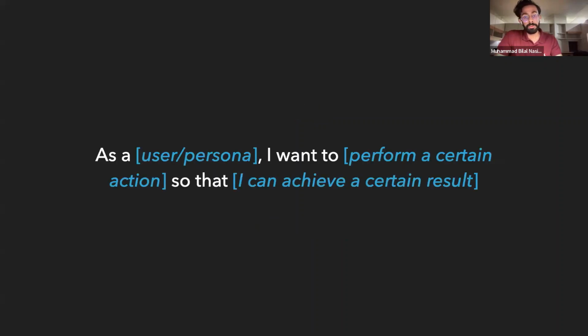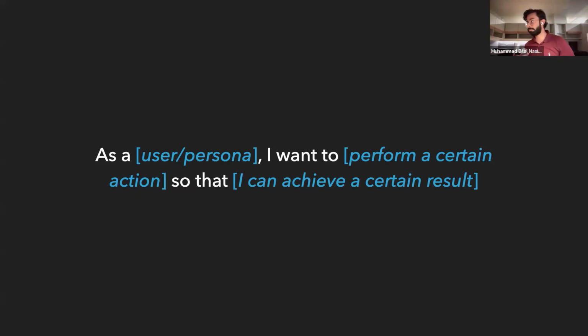So now let's move on to a typical template or a typical format of how a user story is written. Some of you might recognize this. Some of you might have probably written stories in this way as well. Some of you might not. It's completely fine. If that works for your team, that's brilliant.